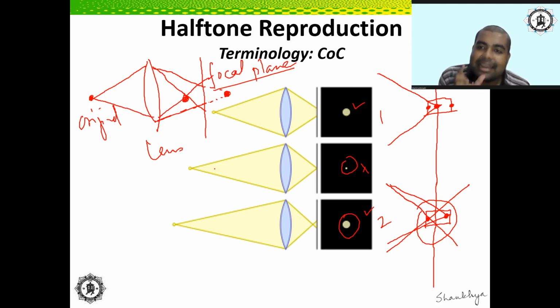So this area in which our brain is tricked into perceiving an image that has not formed on the focal plane as still a sharp representation of the object, that diameter is basically known as the circle of confusion for optical systems. Alright, I hope this is clear.